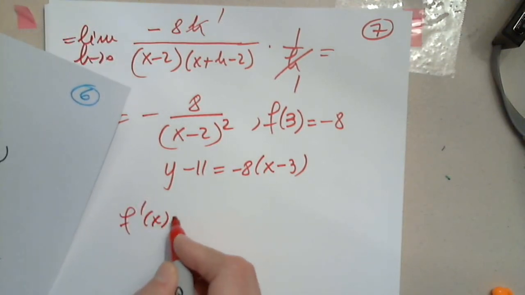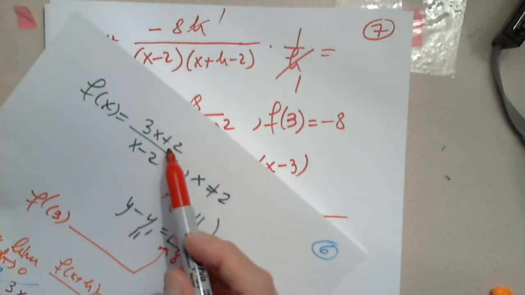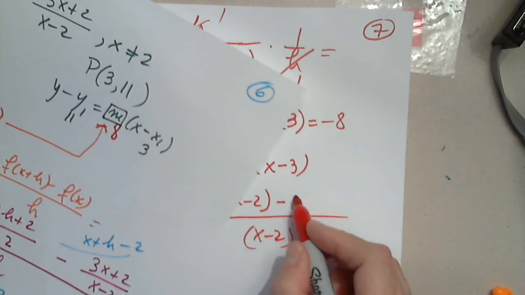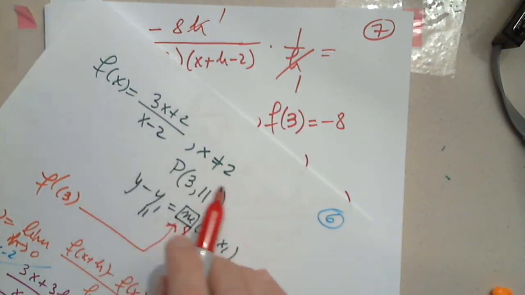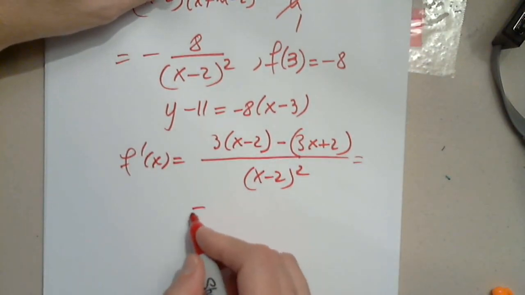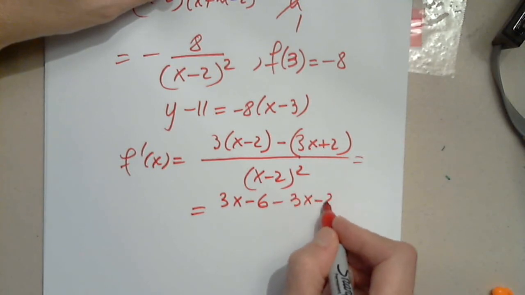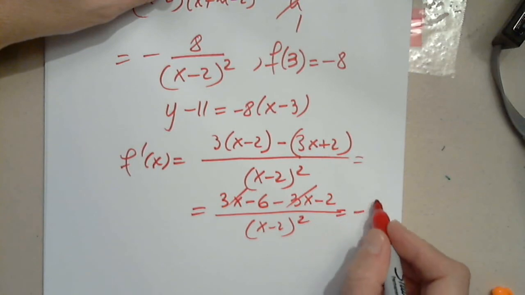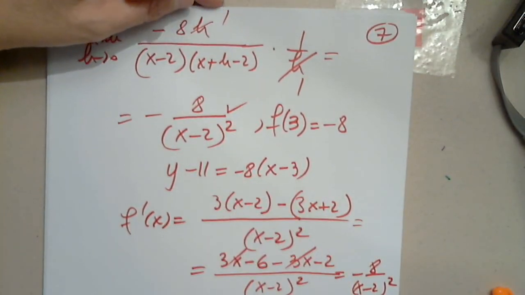So f prime of x: the top function prime is 3 times the denominator, minus (3x plus 2) times the denominator prime, which is 1. So this is 3x minus 6 minus 3x minus 2. Indeed, I get negative 8 over (x minus 2) squared. So that's correct.